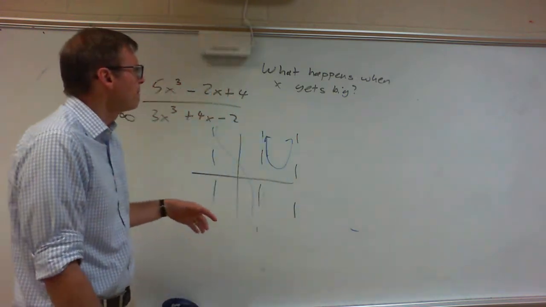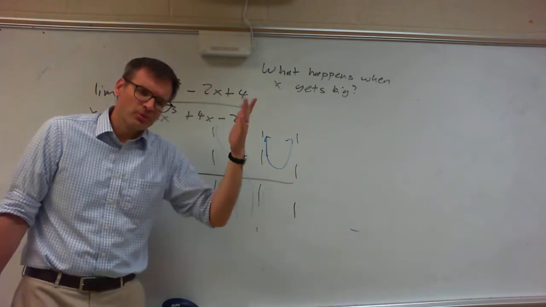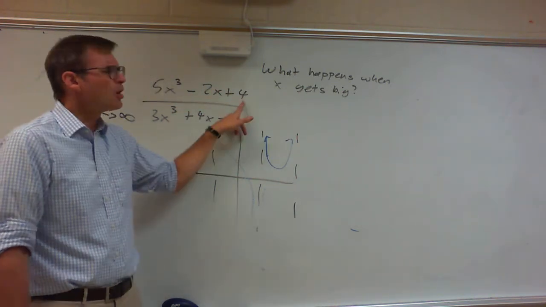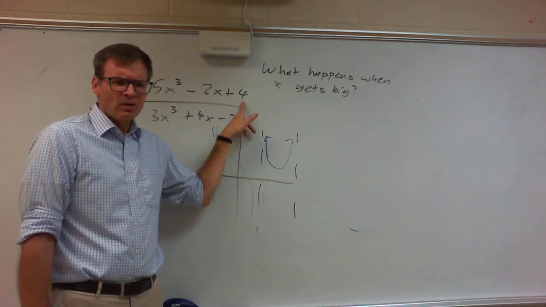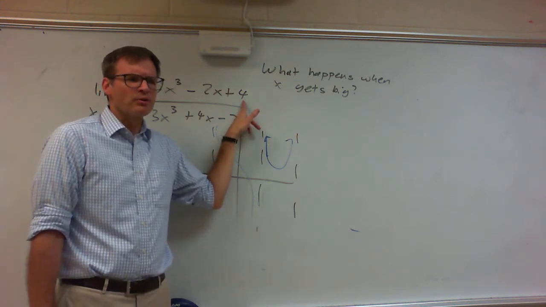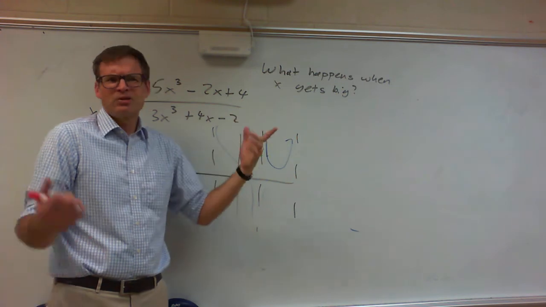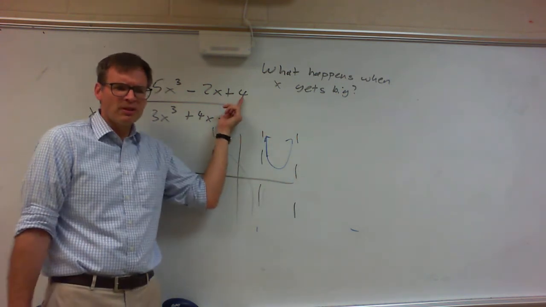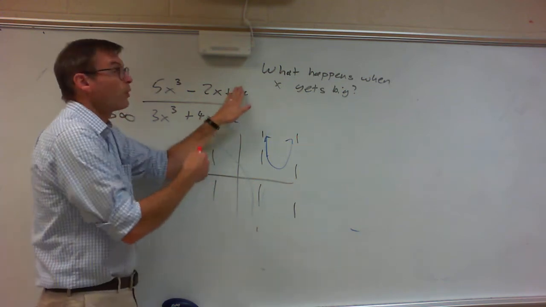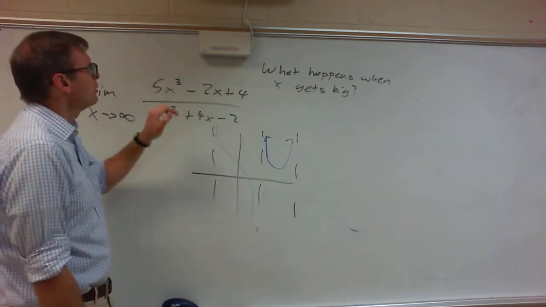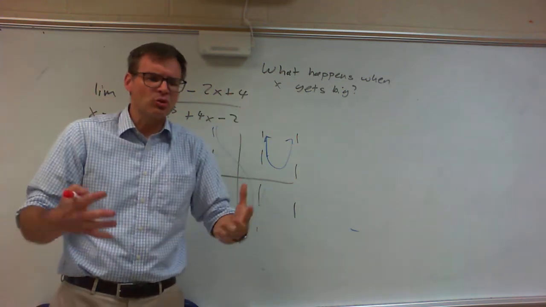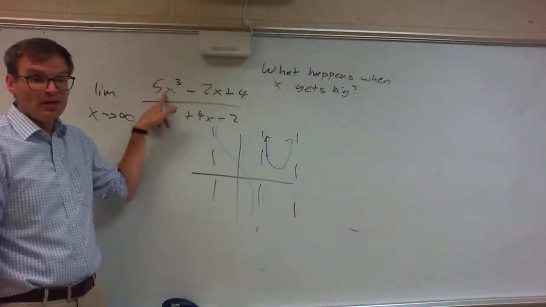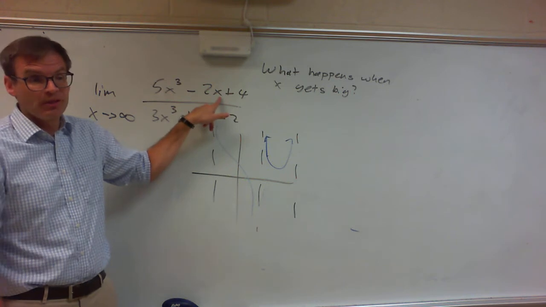Let's look at this top through a certain lens. If you had $10 million and someone gave you $4, would you care about the $4? No, because you've got 10 million. So when x is huge, that 4 doesn't mean a whole lot, so we get to ignore it. And by the same logic, if x is huge, let's say $10 million, can we agree that $10 million cubed is way bigger than just $10 million times 2?